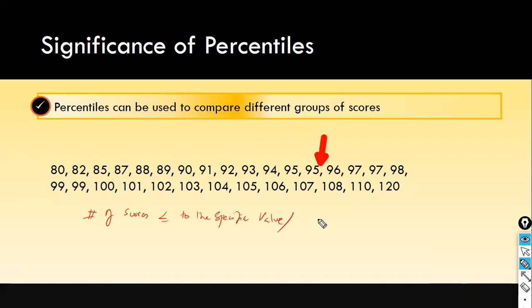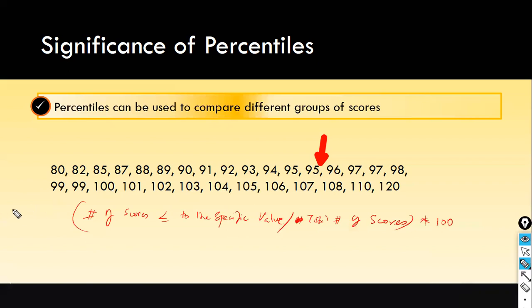Divided by the total number of scores, into 100. Very simple one. So this is to find out the percentile.